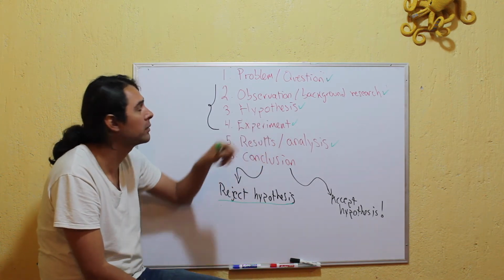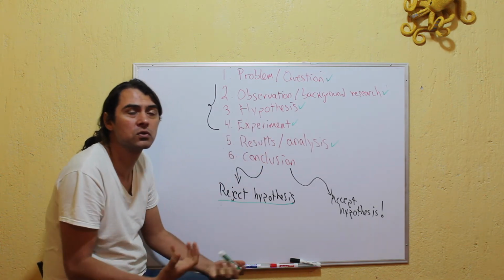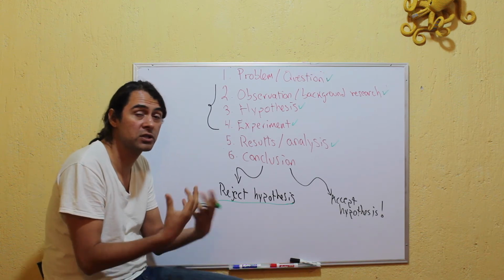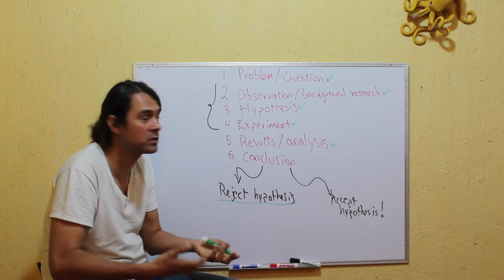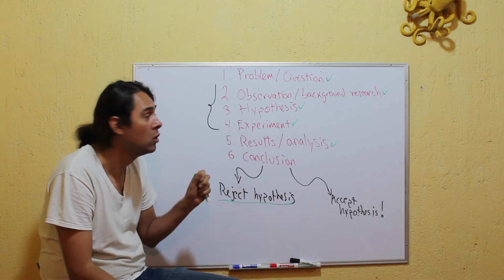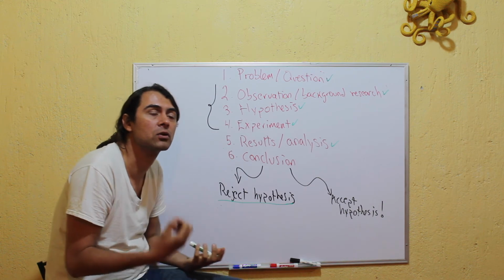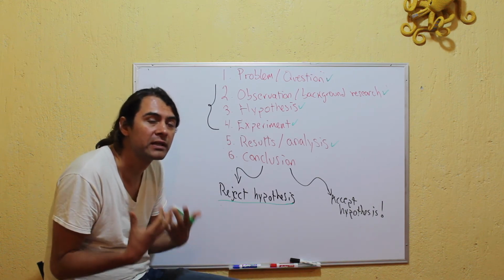Or maybe your hypothesis was not well formulated and you have to make adjustments to it, and if you adjust the hypothesis, you will probably have to adjust the experiment too. Or maybe the hypothesis was good, but you weren't careful enough while doing the experiment.